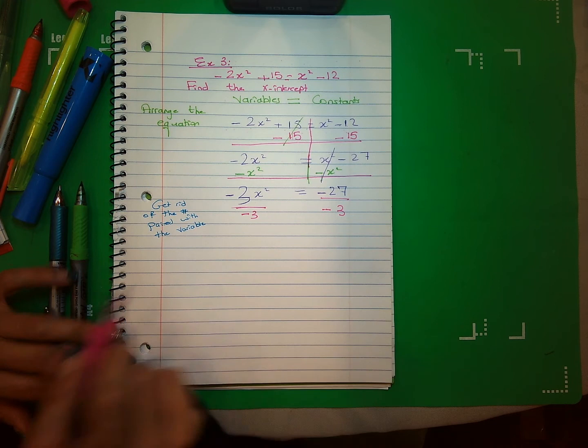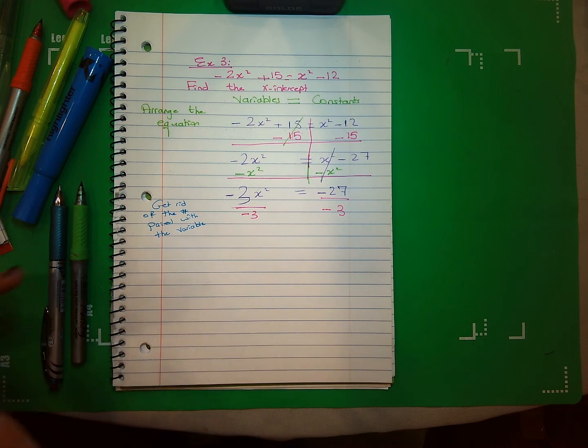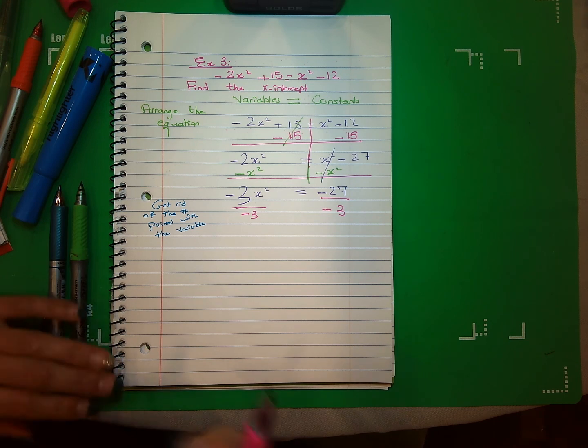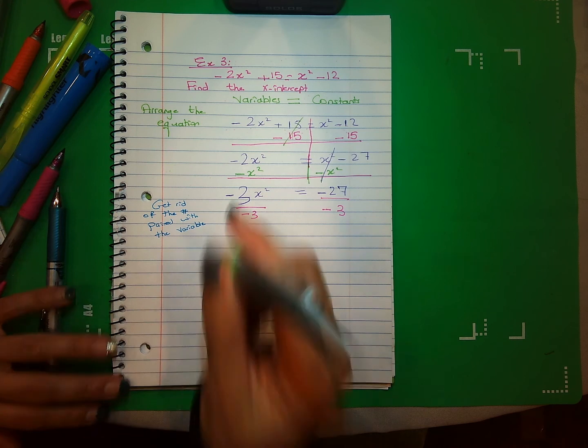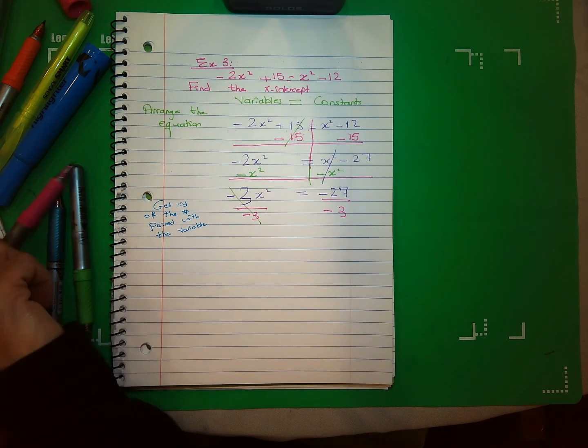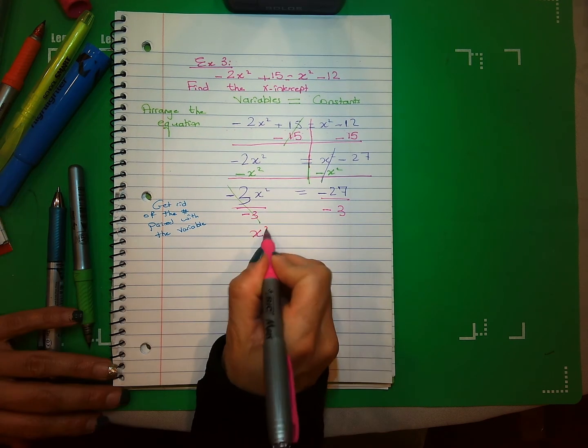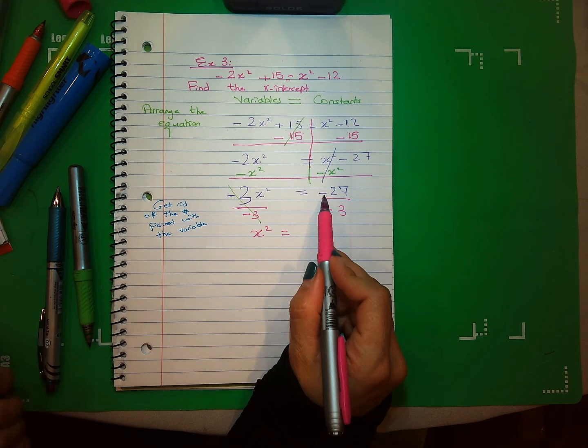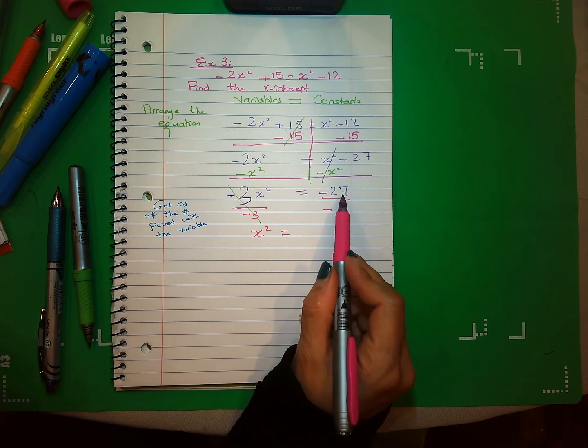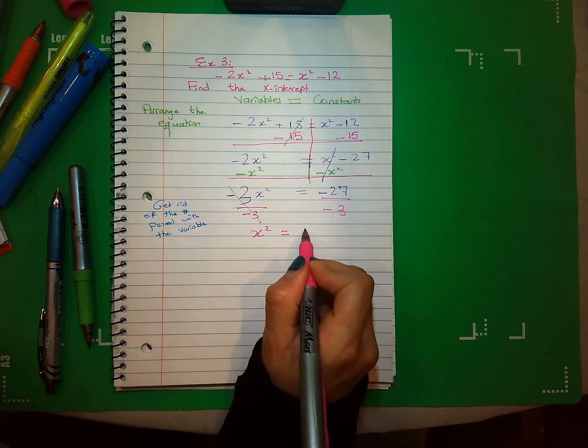And why do we do the same thing for both sides? Because that's how we keep our equation balanced. So I'm going to have this crossed out with that. So I got x squared equal negative, and negative is positive, 27 over 3 is 9.